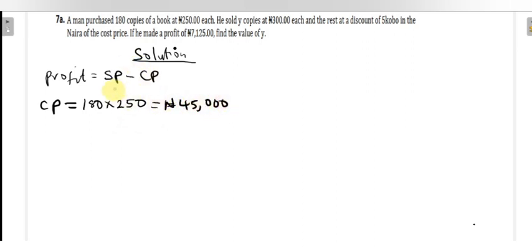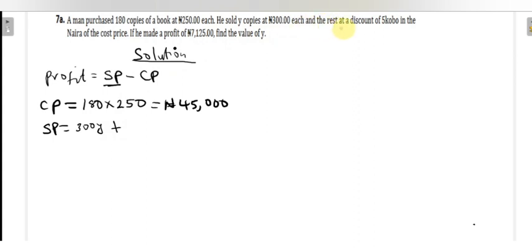Now let's calculate the selling price. The selling price is going to be equal to, he sold some copies, that is Y copies, for 300 naira. So the selling price of Y copies will be 300 times Y, that's 300Y, plus the remaining ones.